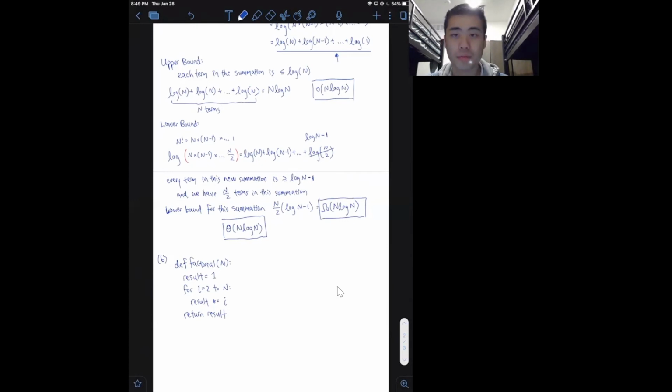So now what we want to do is evaluate the runtime of this algorithm, okay? One thing that's important to remember is the runtime of bitwise multiplication.